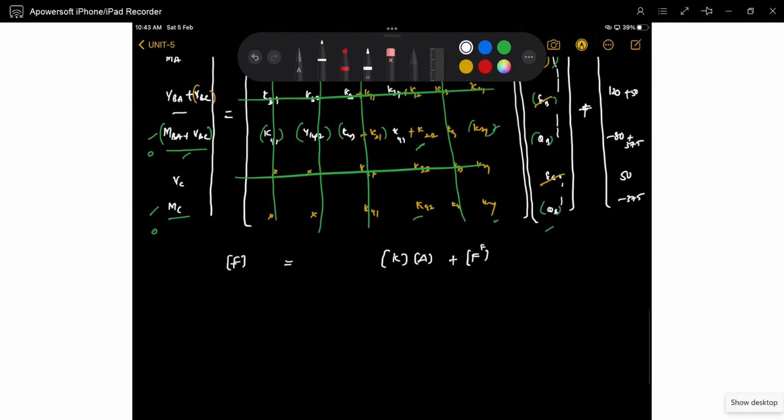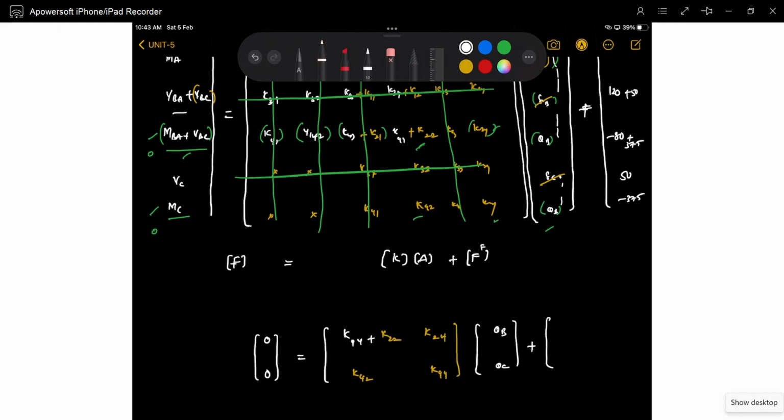See, 0, 0 only you can write down. This K44 plus this K22 of the second matrix. K42, K44 for the second matrix. Theta B and theta C plus, what are those values?